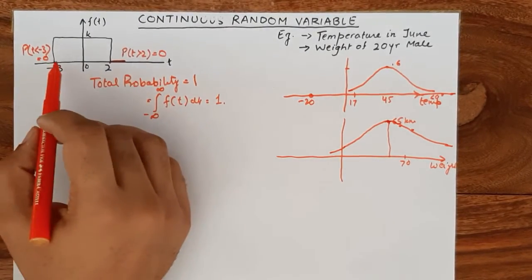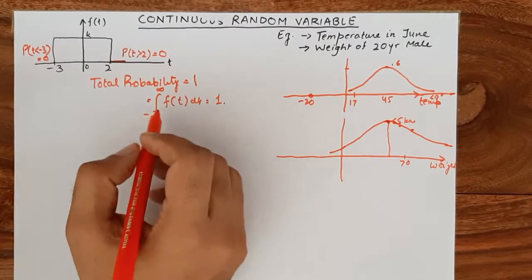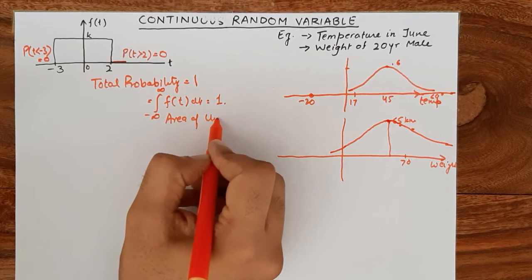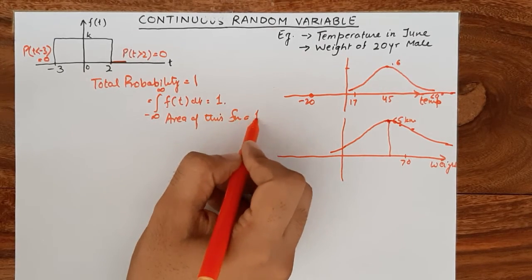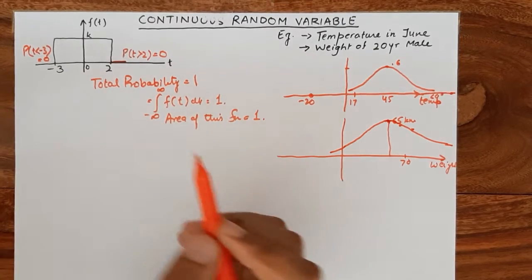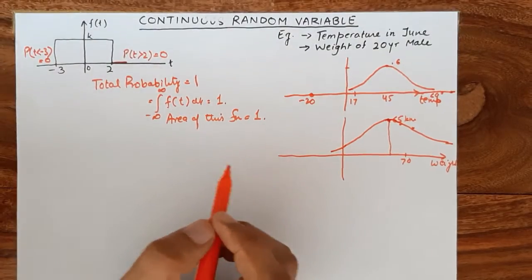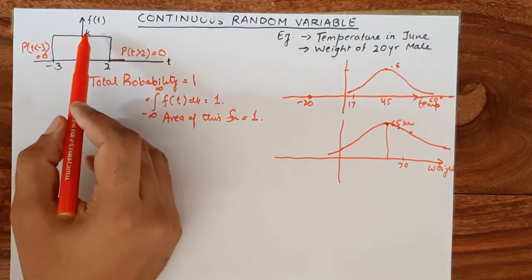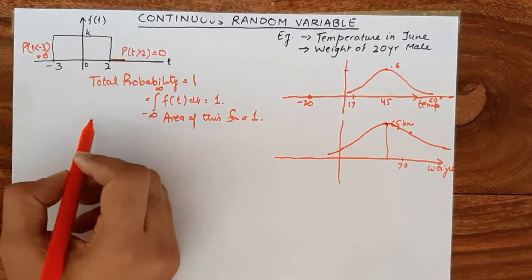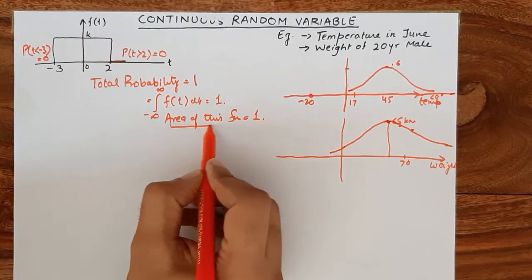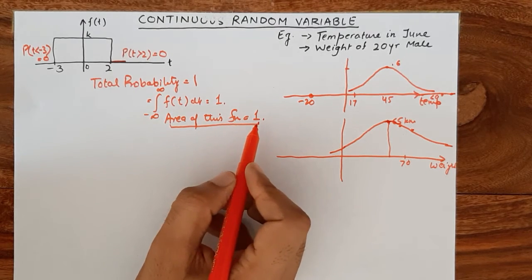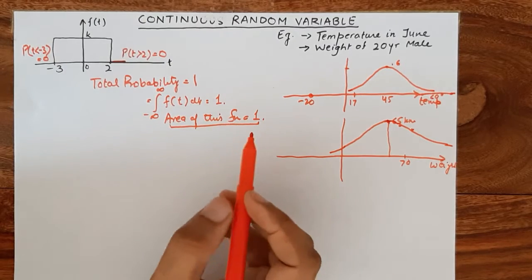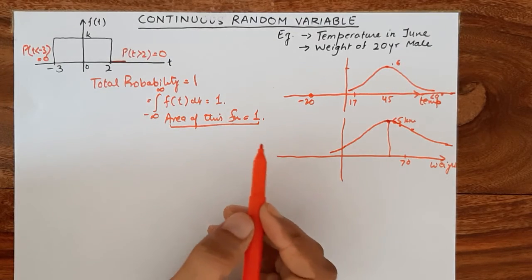Because this function is defined only in the range of -3 to 2, the area of this function will be equivalent to 1, because this integration will depict the area nevertheless. Then you could get questions like this, where you need to find the value of k, which is pretty simple. We have done this for discrete random variables also, where the sum of all the probabilities of all the samples was 1.